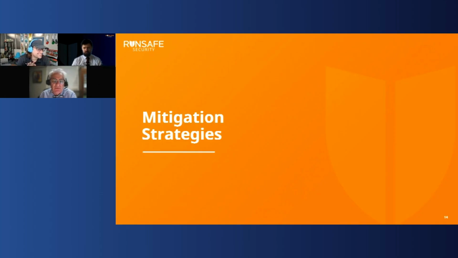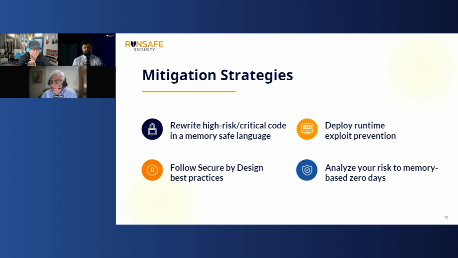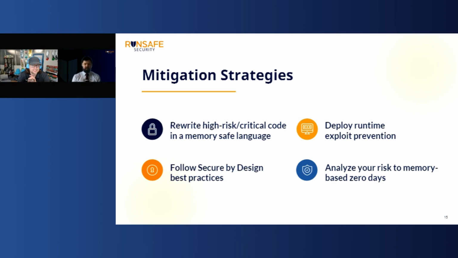Let's talk about the fact that clearly memory safety is a widespread problem that can cause significant damage. So how would you recommend organizations begin to address these vulnerabilities in their software? Yeah, there's a lot of things that can be done here. So, we talked about this a little bit already. You can rewrite your high-risk critical code in a memory-safe language.